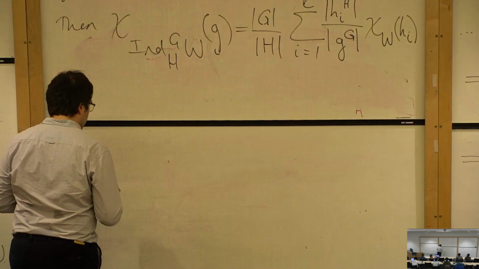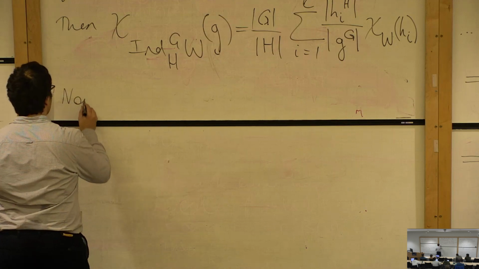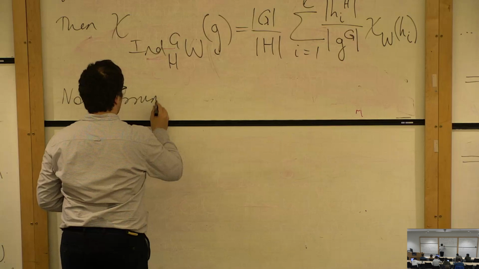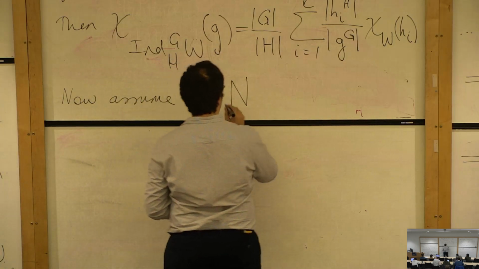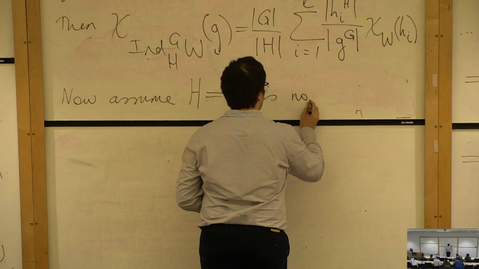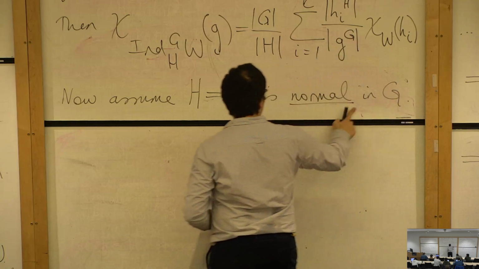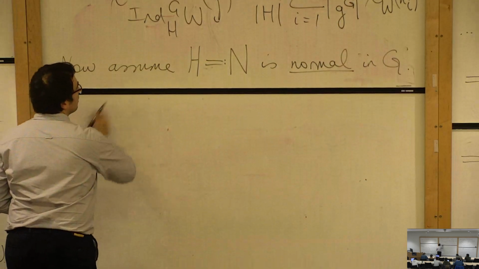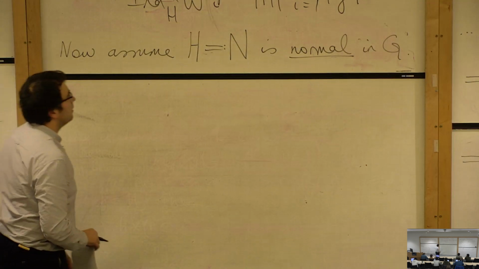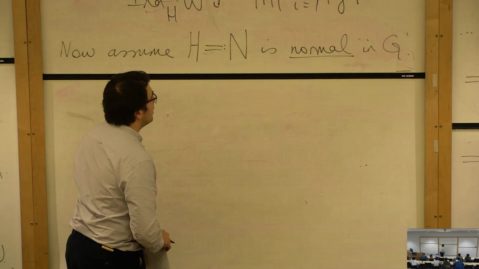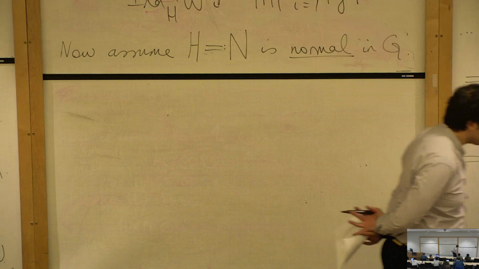Right, so now normal subgroups. Assume I've got a normal subgroup. In this case, look back again at the action of the group element in G on the induced module.